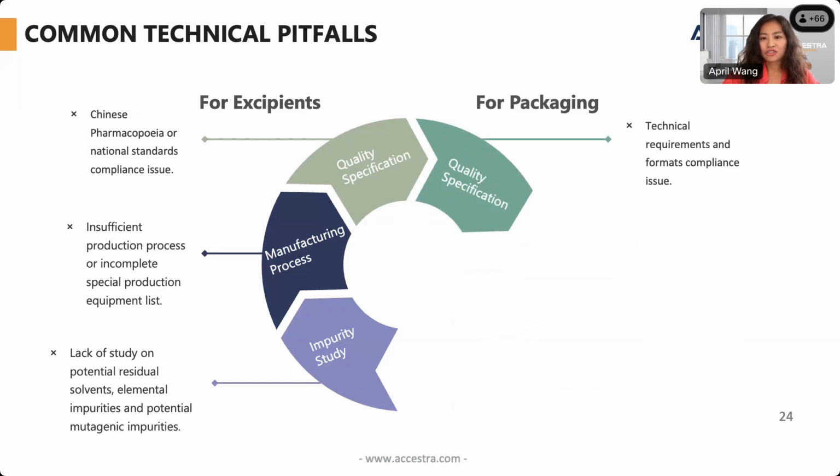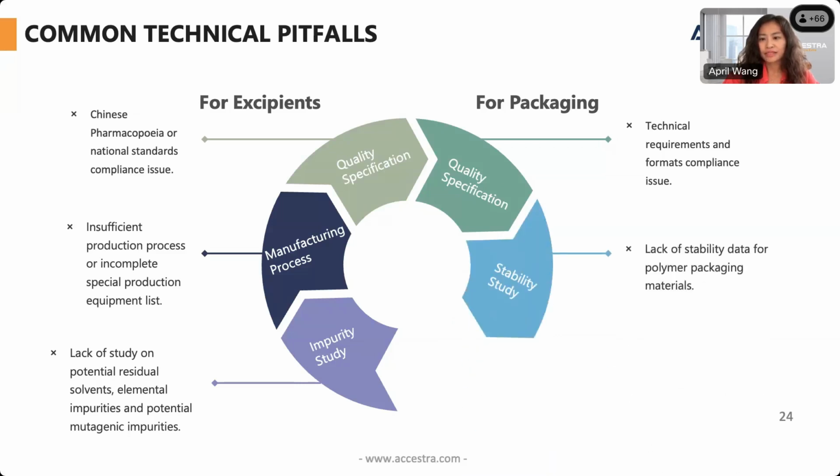As for packaging materials, quality specification is also a big issue, mainly because of incompliance with the technical and format requirements of Chinese pharmacopoeia and national standards. Another common issue is for packaging products made of polymer materials, such as plastic and rubber. Stability data is not available as requested.